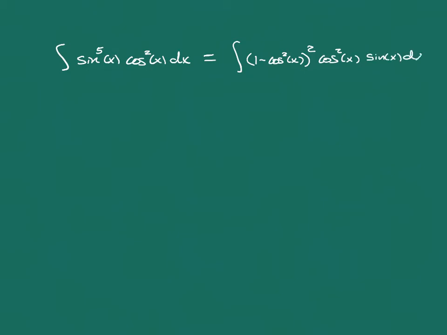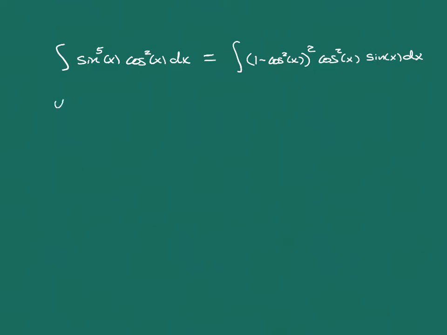So what we started with was sine to the 5th x cosine squared of x dx. We did our expressions, and we said this ended up being our 1 minus cosine squared, squared. We had our cosine squared, and then we had our sine of x dx.